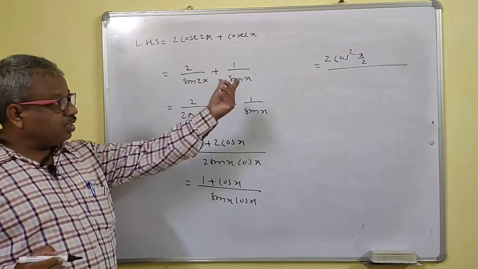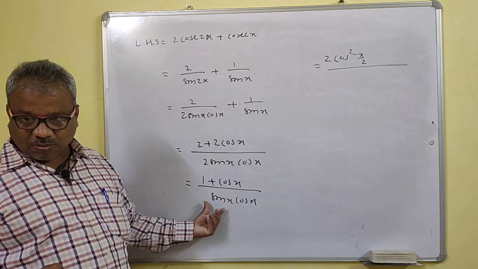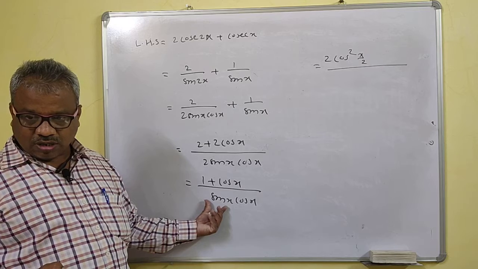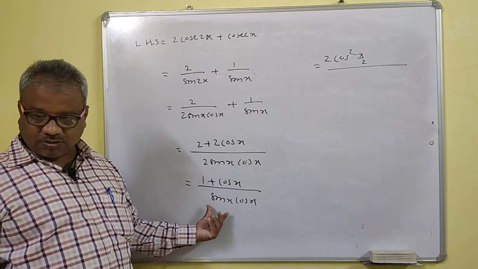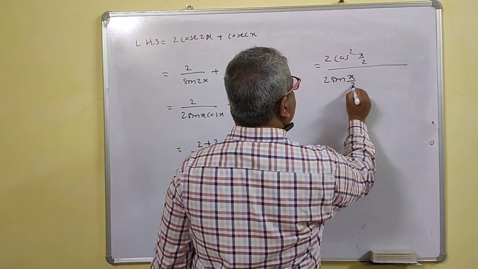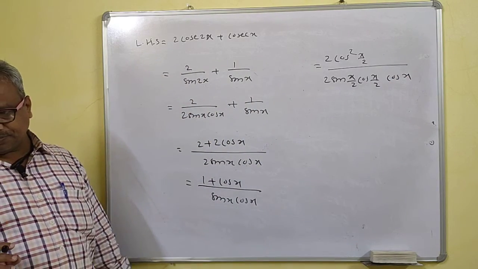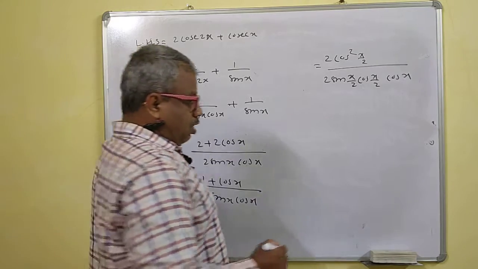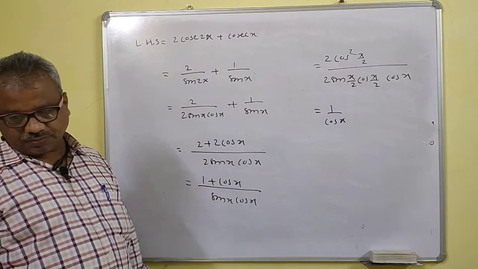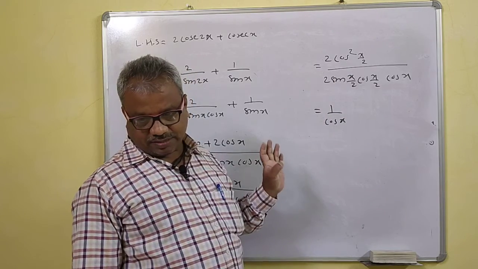Now you don't want this sin x also. So you can apply the formula for sin 2 theta, which is 2 sin theta cos theta. So sin x is 2 sin x by 2 cos x by 2. This cos will be as it is, and we will keep 1 upon cos x here. Now your 2 gets cancelled, one cos gets cancelled.